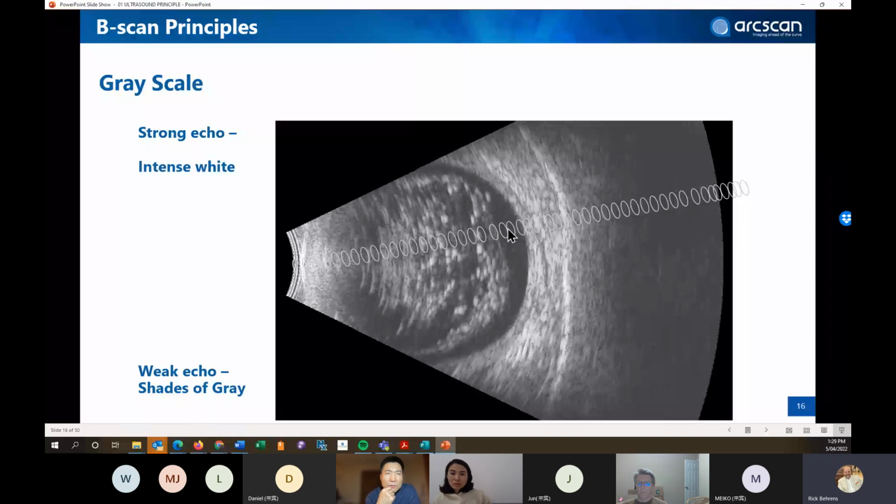In this case, you're going to see one line, and then you're going to have a lot of lines to make this image. This is how we take the images. This is a posterior segment ultrasound. It's easier to explain it like that so you can see it.